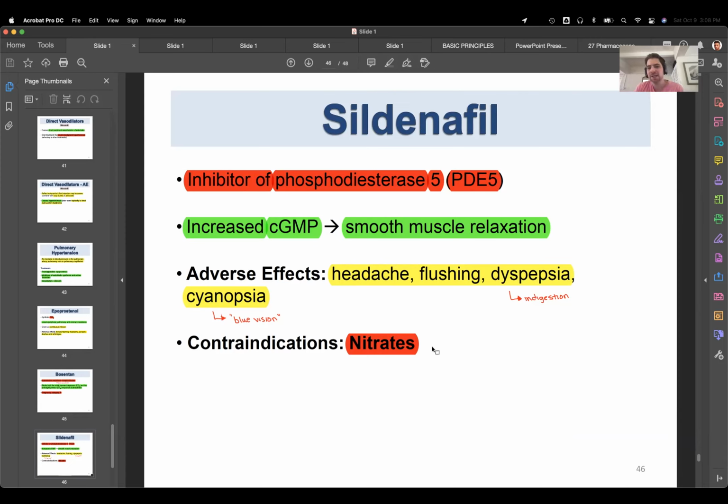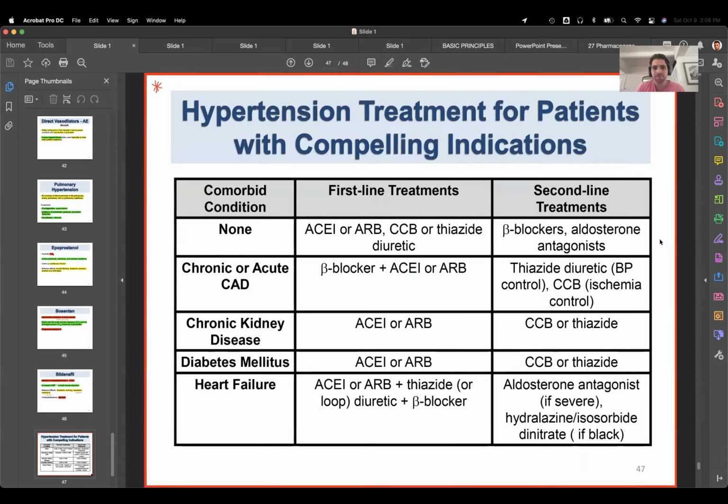Can't give it to a patient on nitric oxide. A lot of patients take nitro for angina. They take those sublingual tablets, nitroglycerin, and it'll help to vasodilate the coronary vessels, right? But you can't give them something like this because that's too much nitric oxide. They'll vasodilate too much. They'll go into shock.